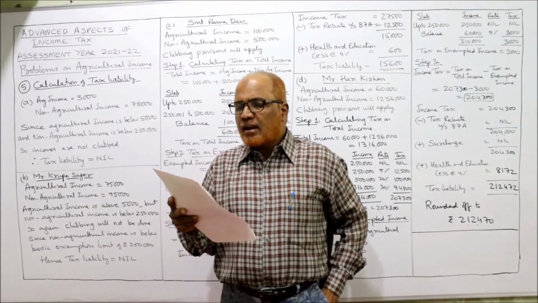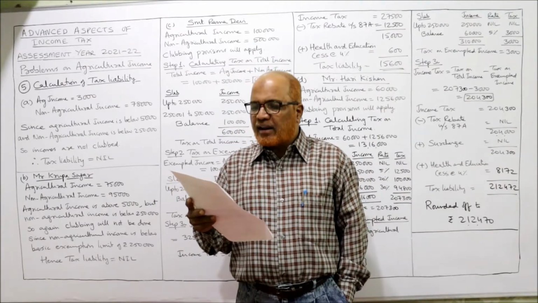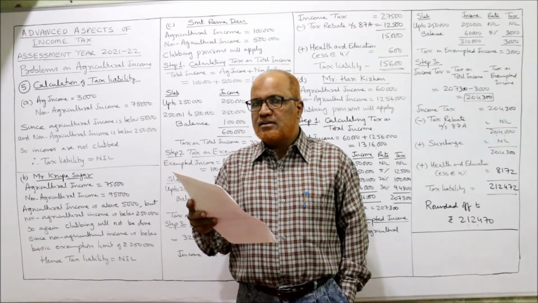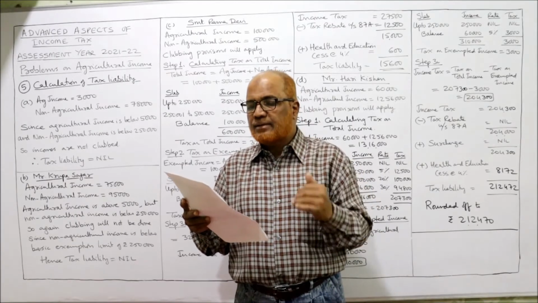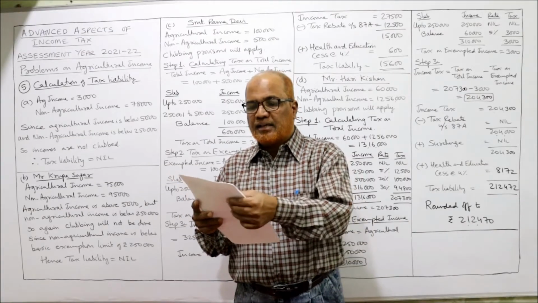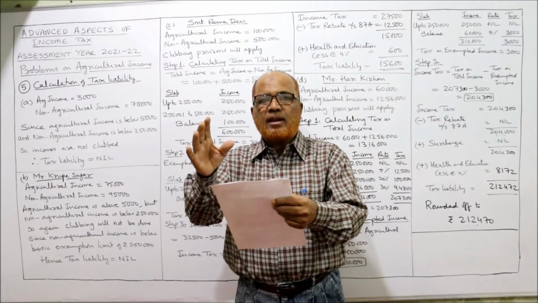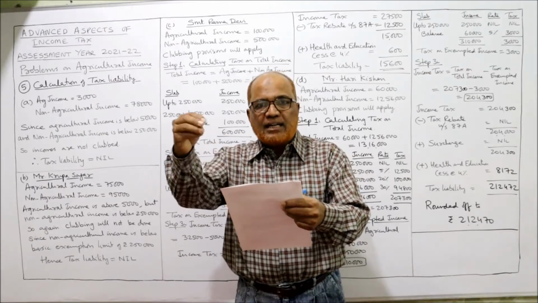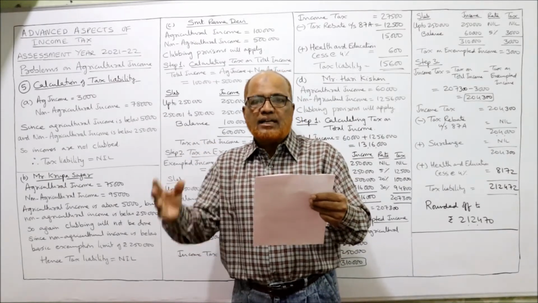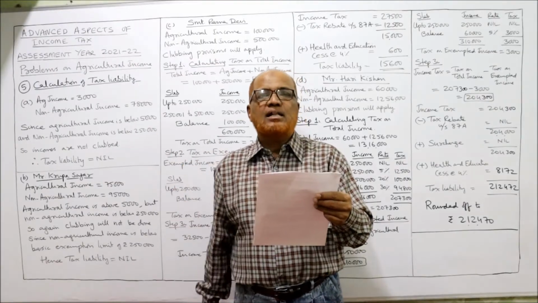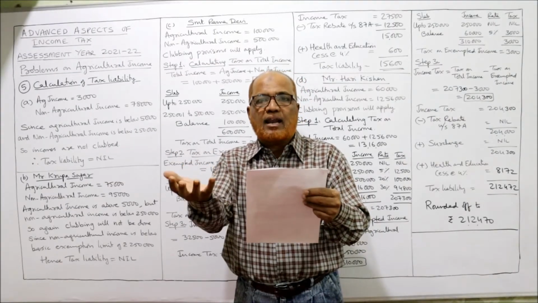A. Mr. Rajagopal Reddy received rent from a tenant to whom the land in Warangal district has been leased, which is used for cultivating rice. So Mr. Rajagopal Reddy is the owner. He has let out his agricultural land to a farmer, to a tenant, and the tenant is performing agricultural activity, cultivating rice.